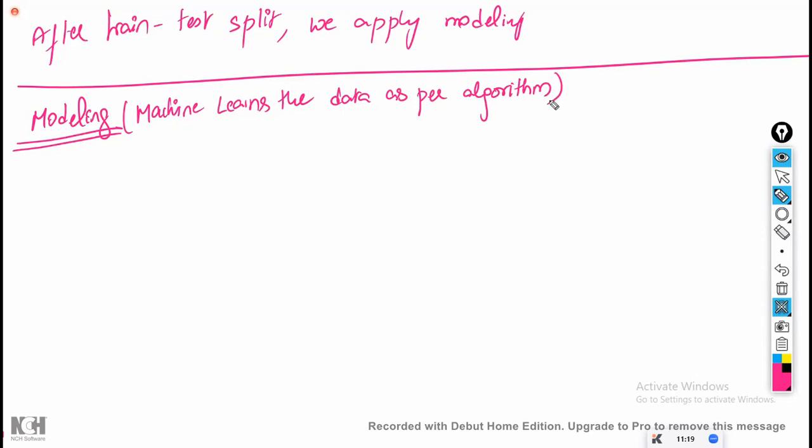What is the meaning of that? For example, you are the students and I'm going to share the notes with you. You are going to learn whatever notes I have shared. In that PPT, you are going to read page number one, followed by the second page, followed by the third page.